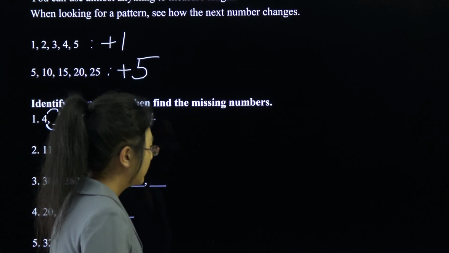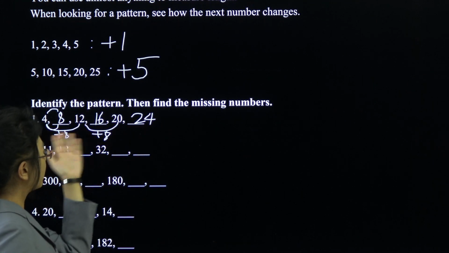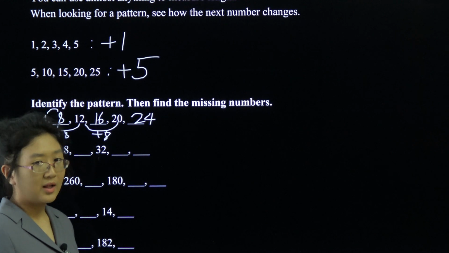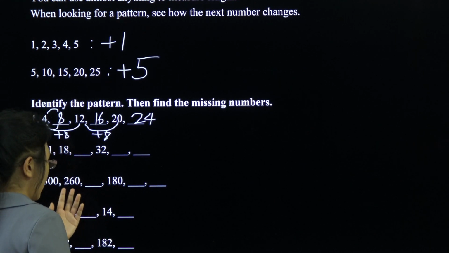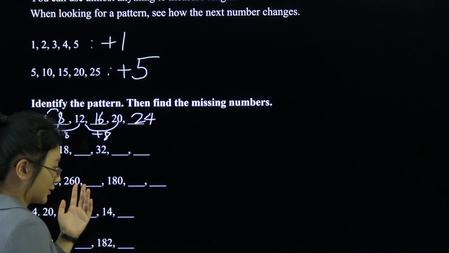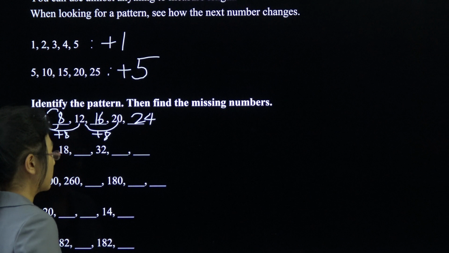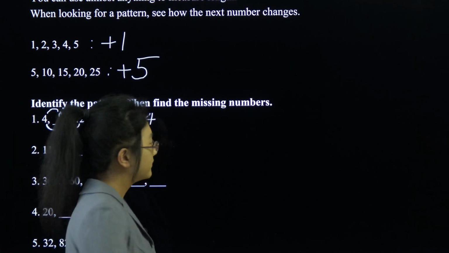Because there was a term missing in the middle of both of these plus 8s, and it's not a one-time thing, then 8 divided by 2 should be the rule of the pattern, which is plus 4.